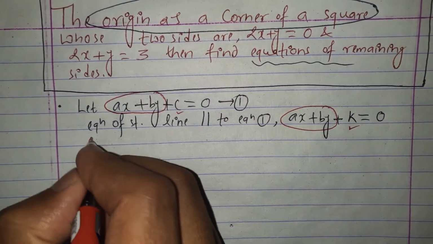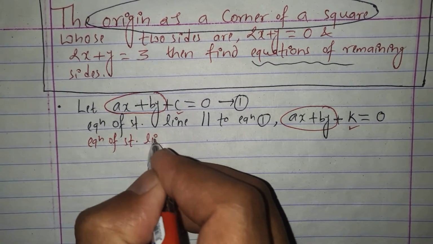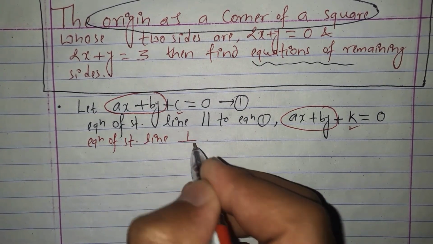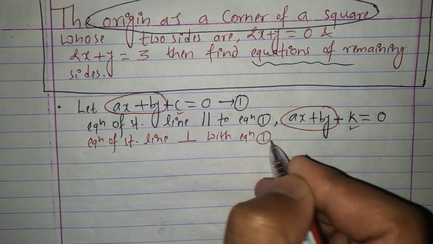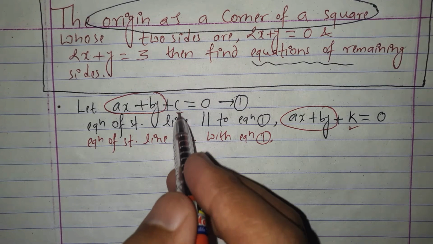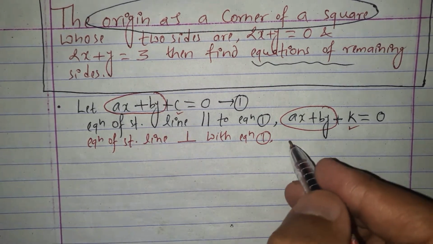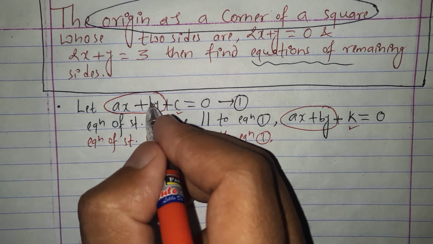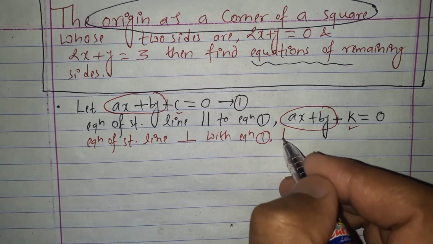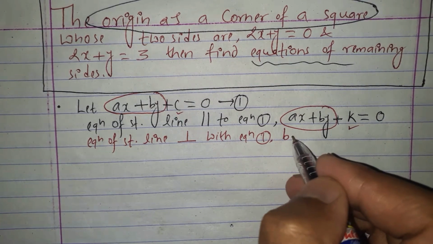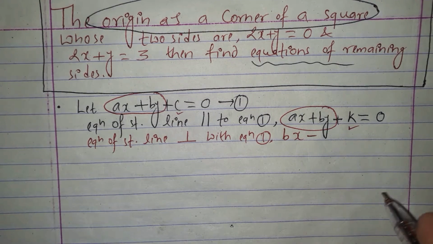And the equation of the straight line perpendicular to equation 1: first of all, take the coefficient of y, which is b, and make it the coefficient of x, giving bx. Then we take the minus.